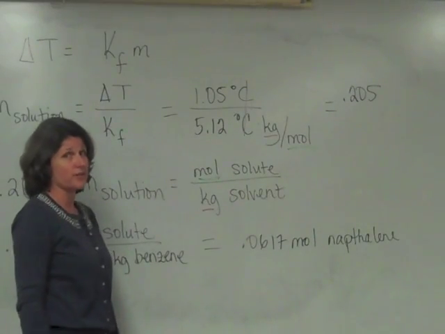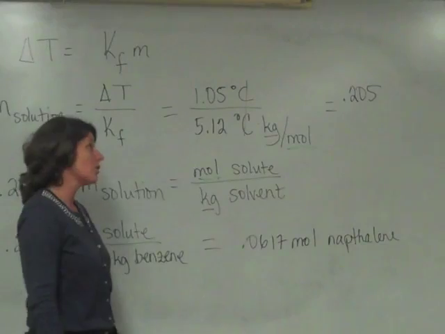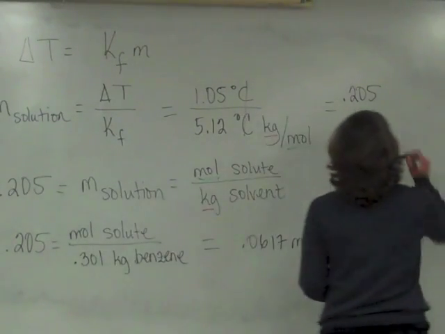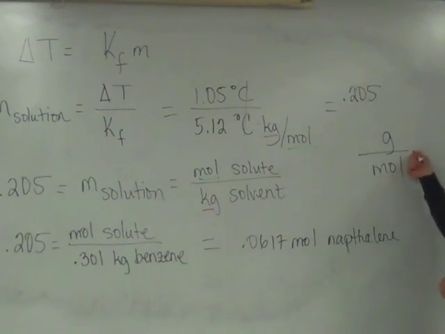What are our units for molar mass? It's grams per mole, right? So how many grams of it do we have?